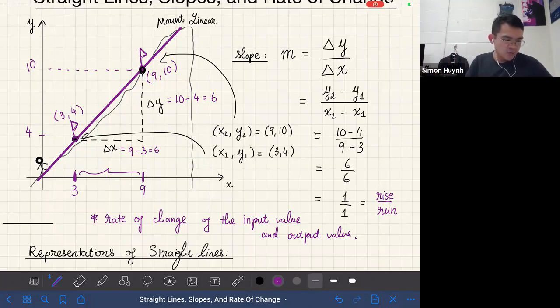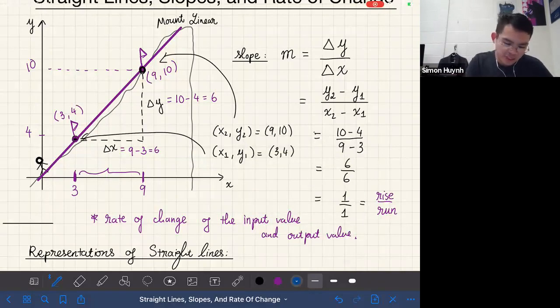Okay, so for a linear function, the slope is always the same for every single point on that function. Let's say that I haven't selected the points (3, 4) and (9, 10), but using something different.